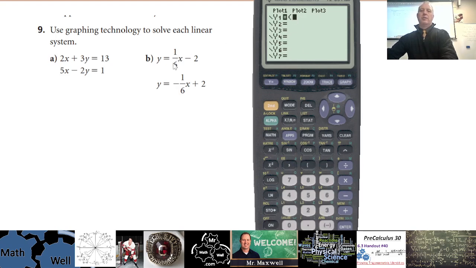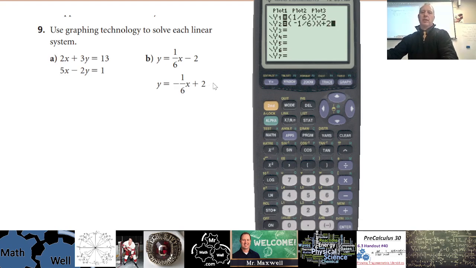So for the 1/6 x, we're going to do 1 divided by 6 in brackets, and then close the bracket there, and then just put an x behind it, so that's like times x minus 2. So remember, this is the minus sign over here, and this is the negative sign. So that's the first one. Second one, inside the brackets, we're going to have a negative 1 divided by 6. Okay, so put the coefficient inside the brackets, and then times x, and then plus 2.